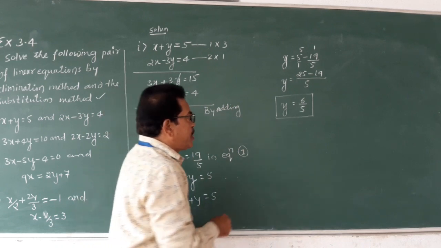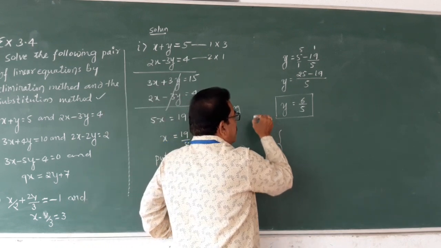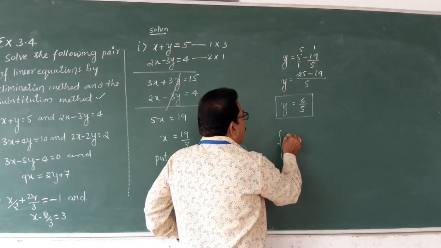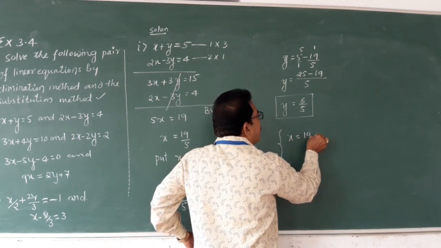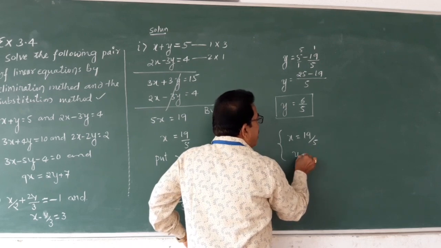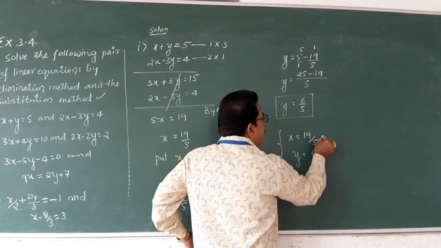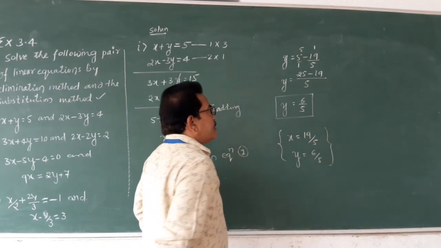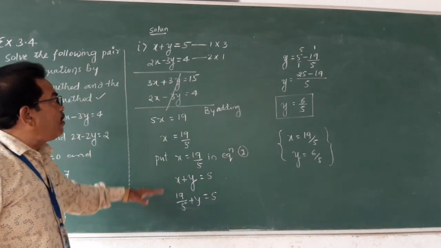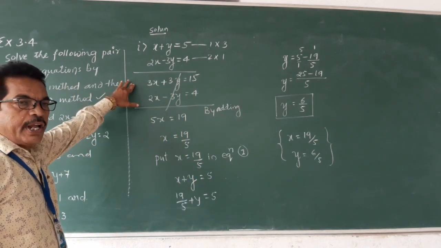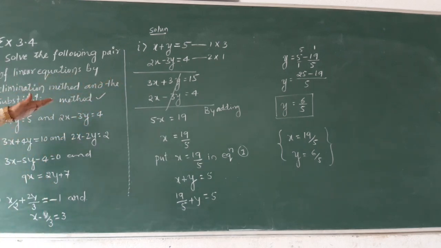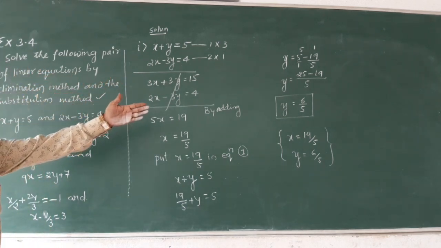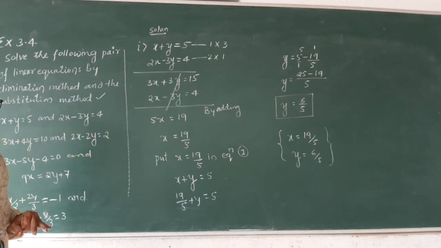Therefore, the solution set for this pair of linear equations is x equals to 19 by 5, then y equals to 6 by 5. This problem we will have to solve by the substitution method also, because we have to solve the given problems in 2 methods, by elimination method and the substitution method.